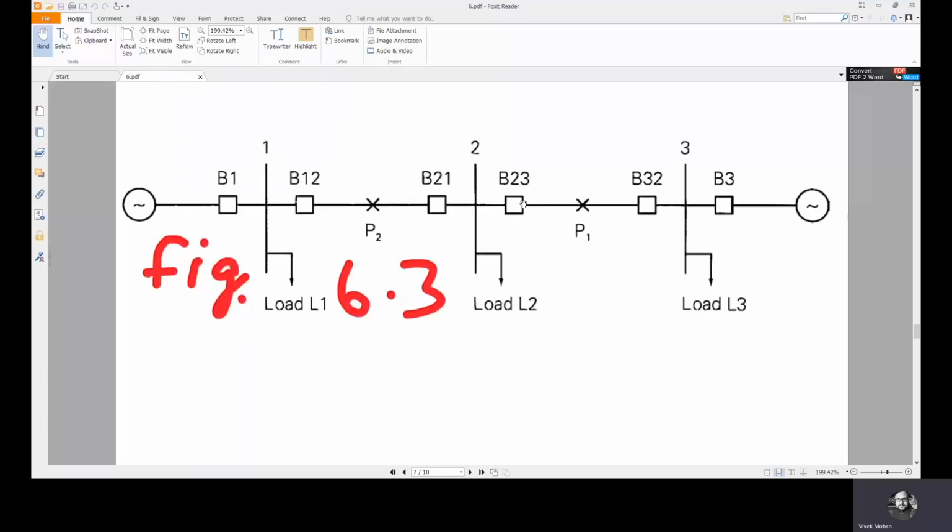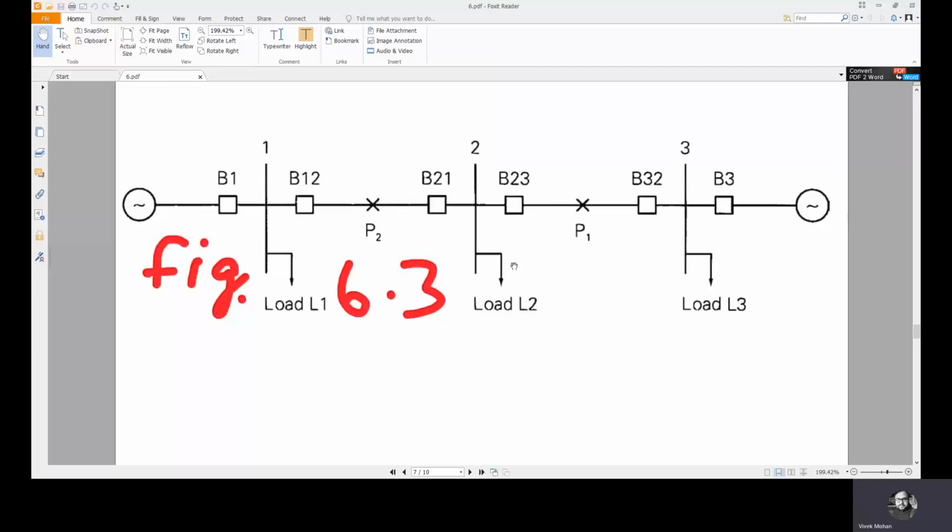Now, if B21 is tripping first, then B23 will not sense a fault current. So B23 will not trip. In that case, load 2 will not be supplied. Load 2 will be interrupted.